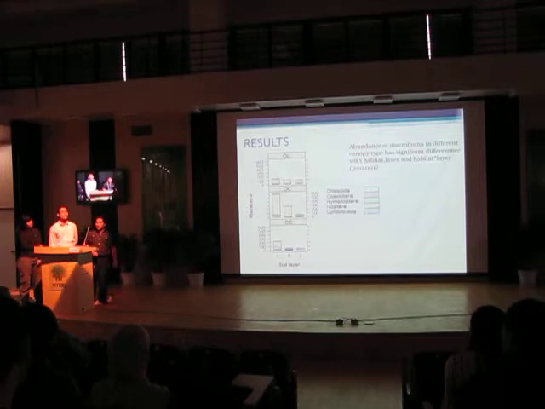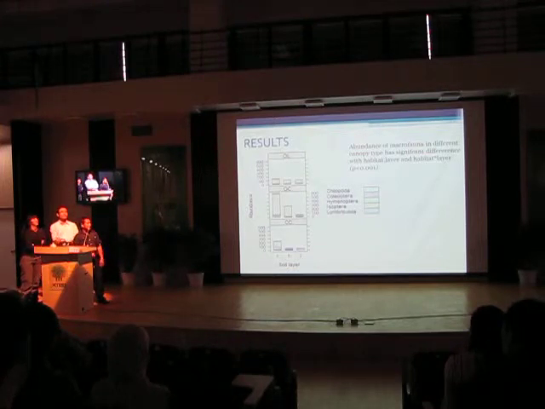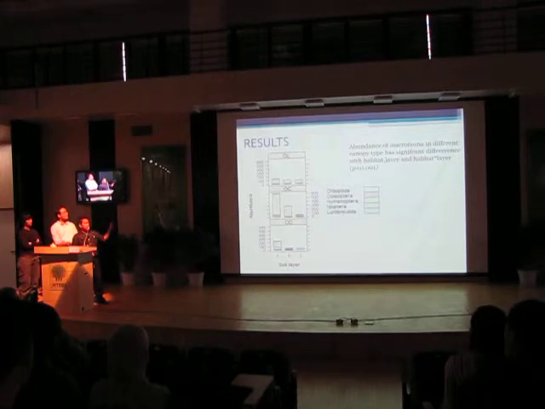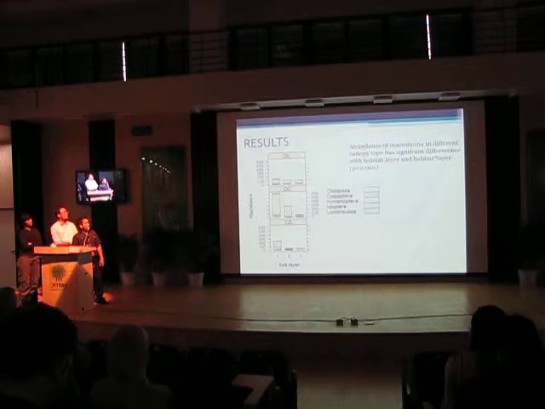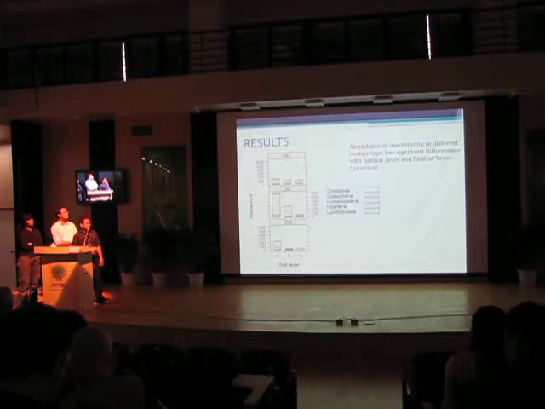Based on our ANOVA analysis, we computed a high significance for these orders in habitat and layer, and we combined the interaction between habitat and layer. So there's a very high significance.